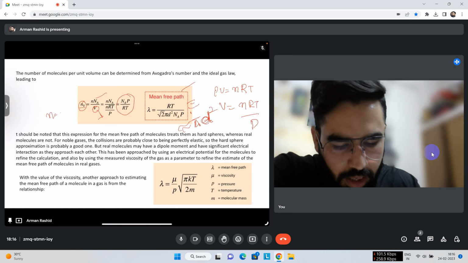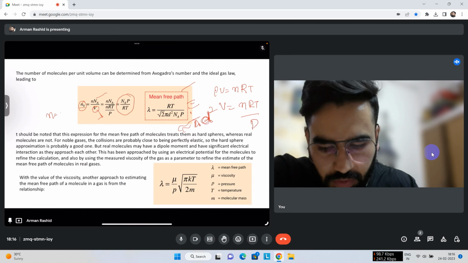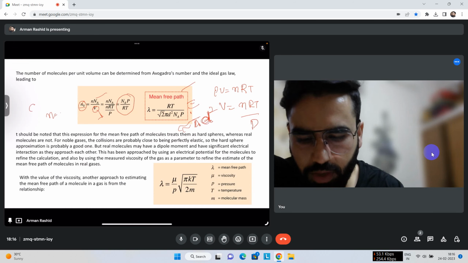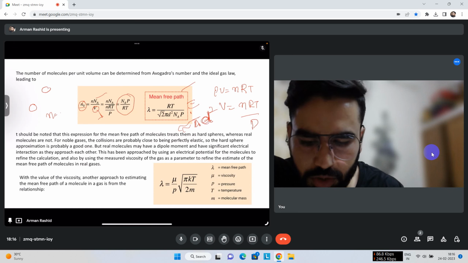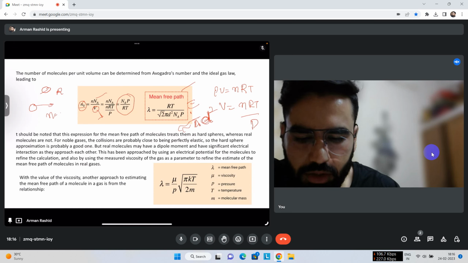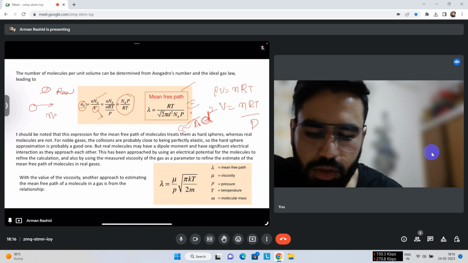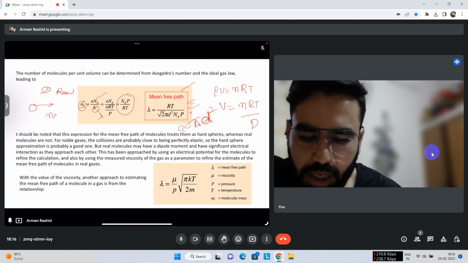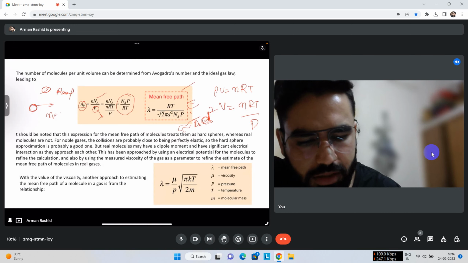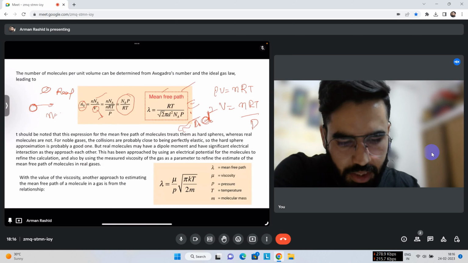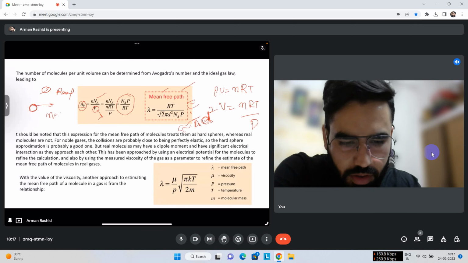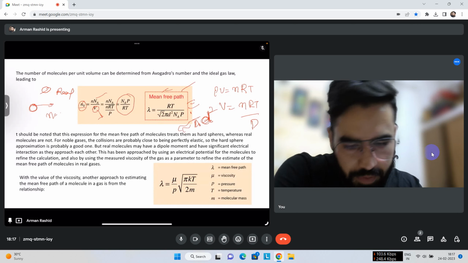Also, real molecules have a dipole moment and a significant electrical interaction when they approach each other. If we consider no interaction between them, there will be no effect of the moving of one particle on the other. But for real gases, there will be intermolecular interaction, so the movement of one particle will attract or repel another particle. As a result, the expression of the mean free path can change, and we have to consider those parameters as well in order to arrive at the mean free path for real gases.